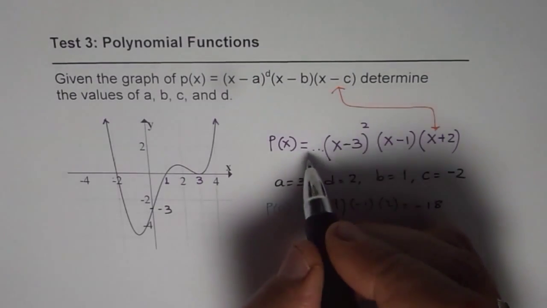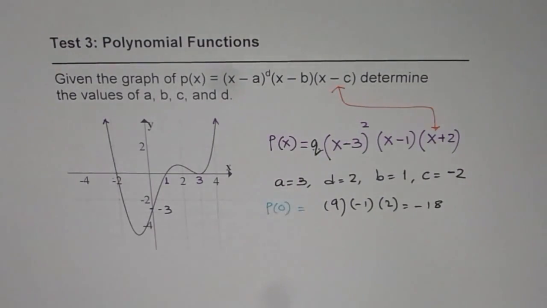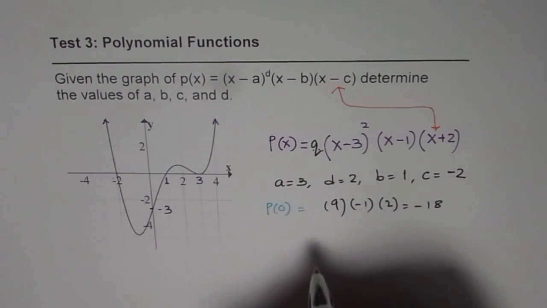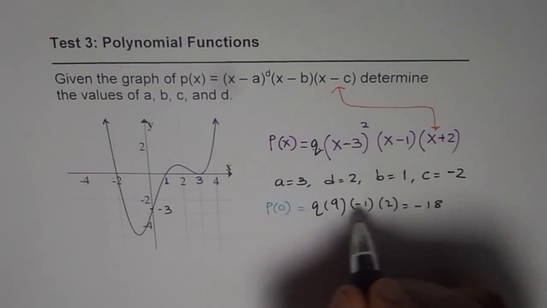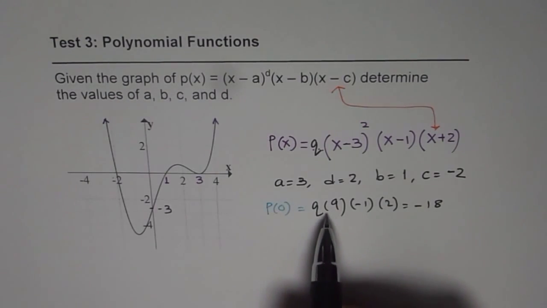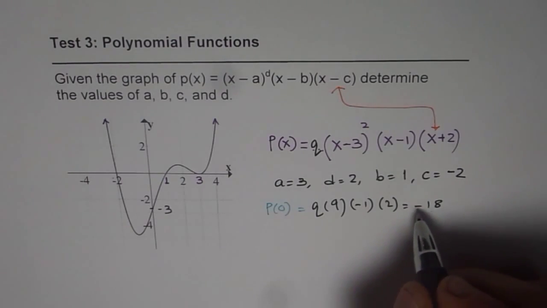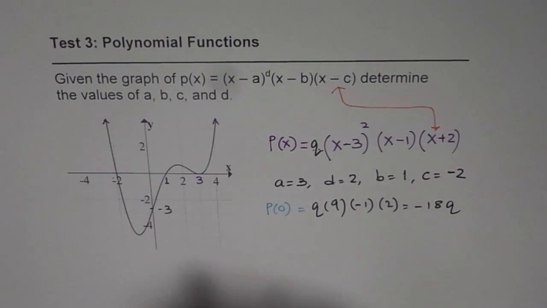So that means there should be some number here also, correct? Let me write that number as, let's say q, because we have already used a. So q times that minus 18, so p of 0 is minus 18q is what we get. But from the graph, we know it is minus 3.